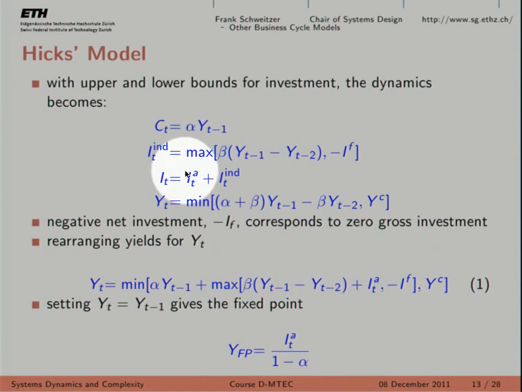If the total investment of the economy decreases, the output in the next time period would also decrease, because the output is the sum of investment plus consumption. When the output decreases, then this difference in the next time period becomes negative. It's not 0 anymore, it's negative.